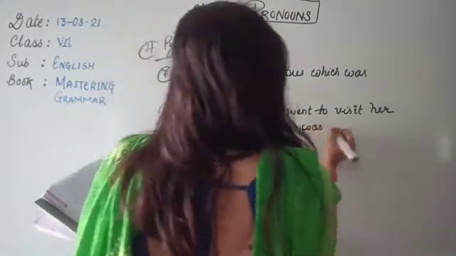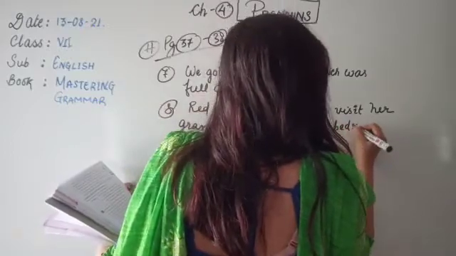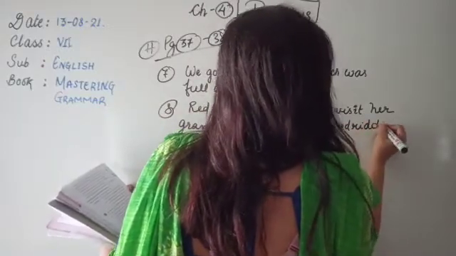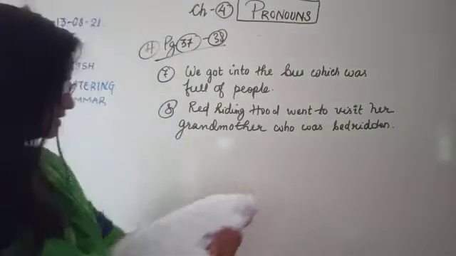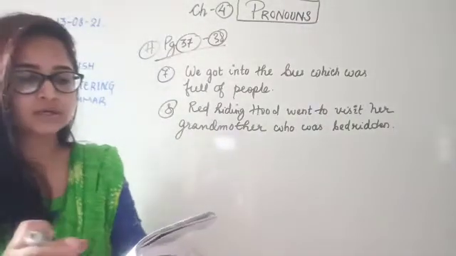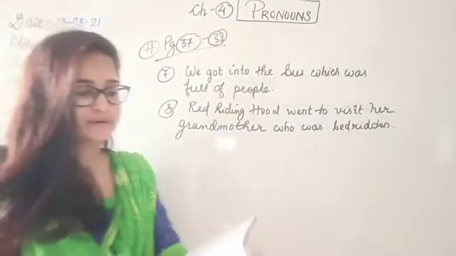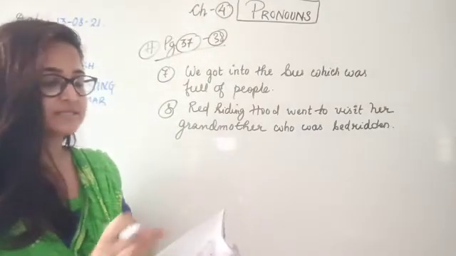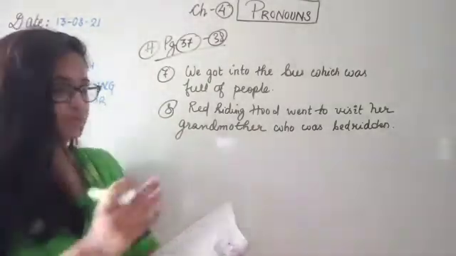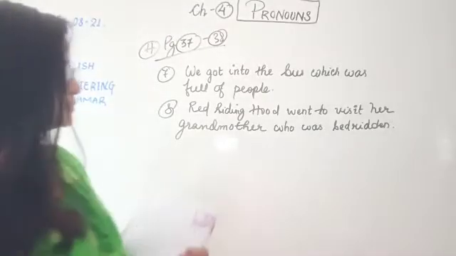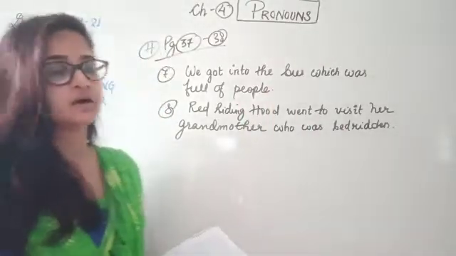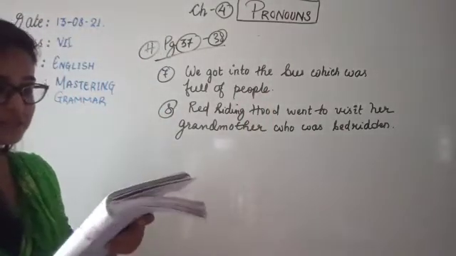So in this sentence, like Red Riding Hood, we are skipping the part who was bedridden and we are just writing went to visit her grandmother, then who was bedridden will be added, okay? So children, this completes our exercise H.